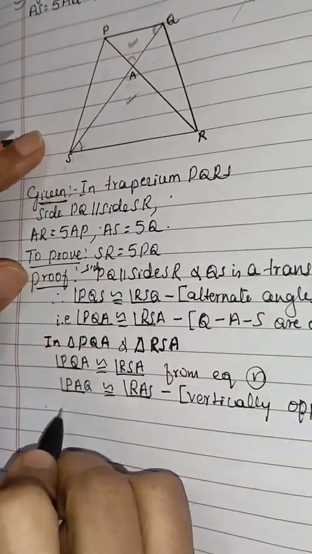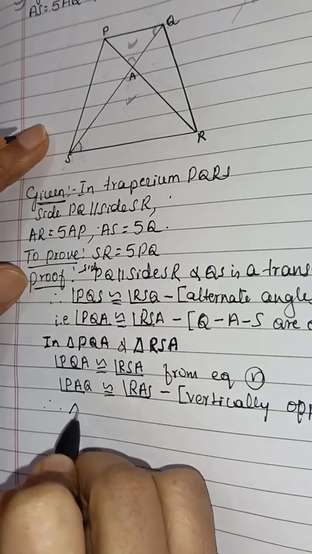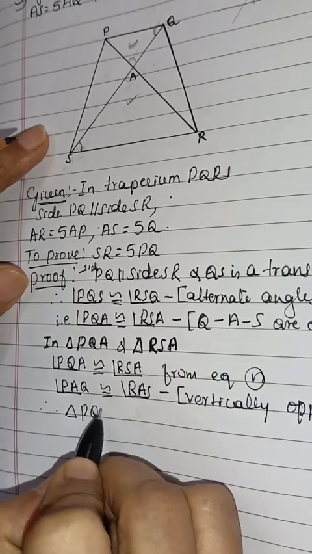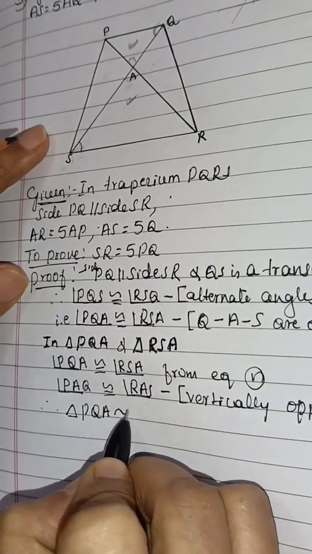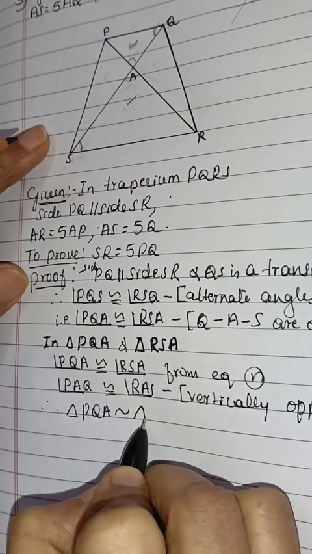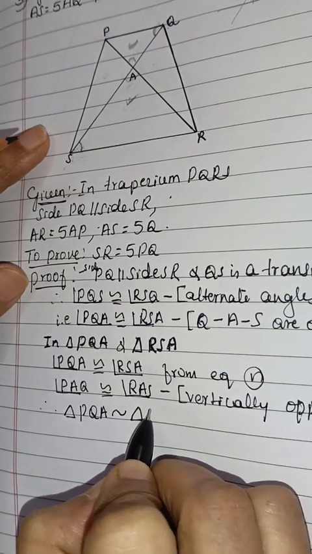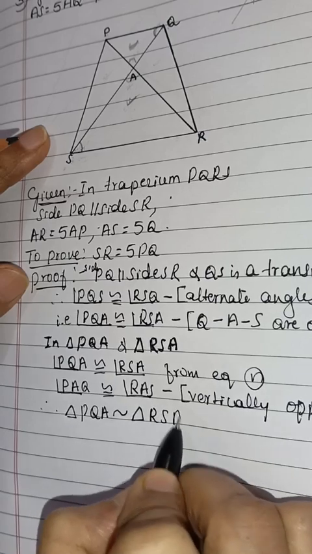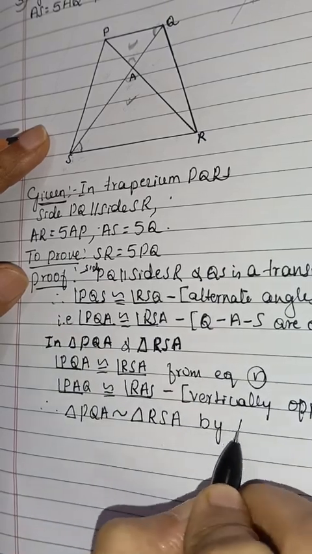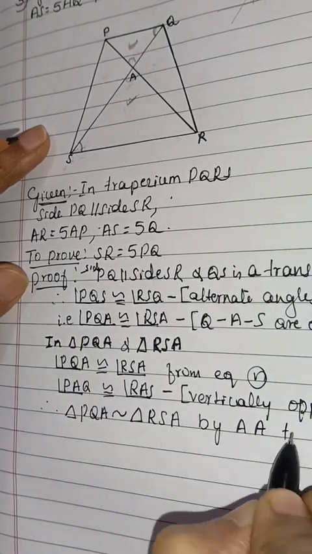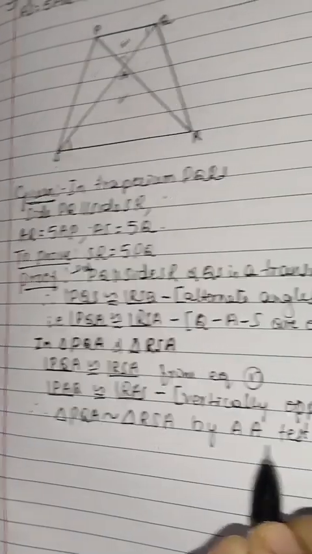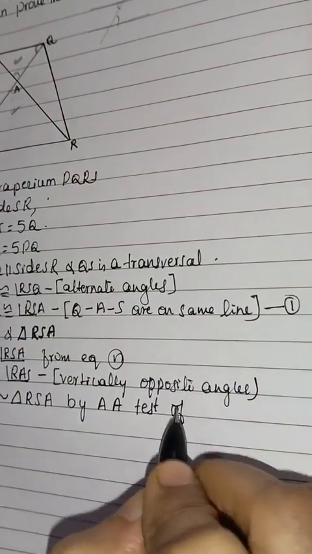Therefore, triangle PQA is similar to triangle RSA by the AA test of similarity.